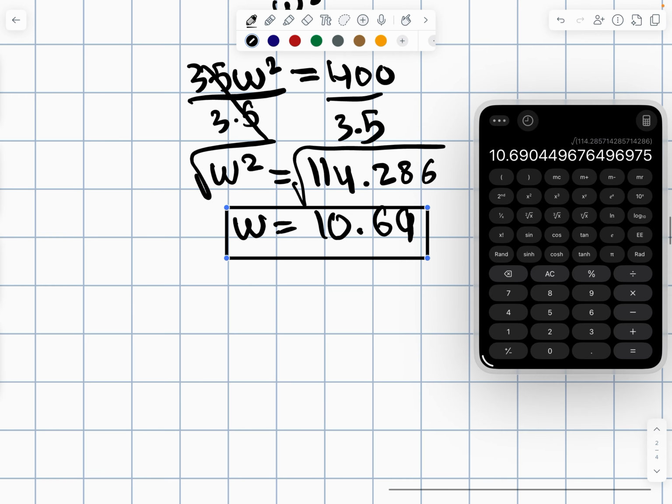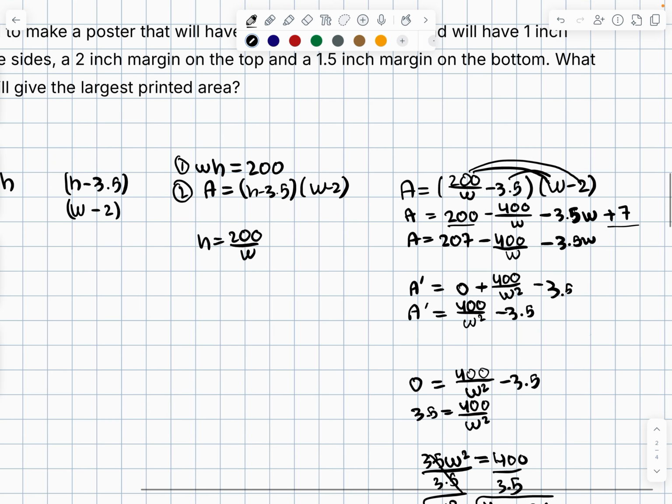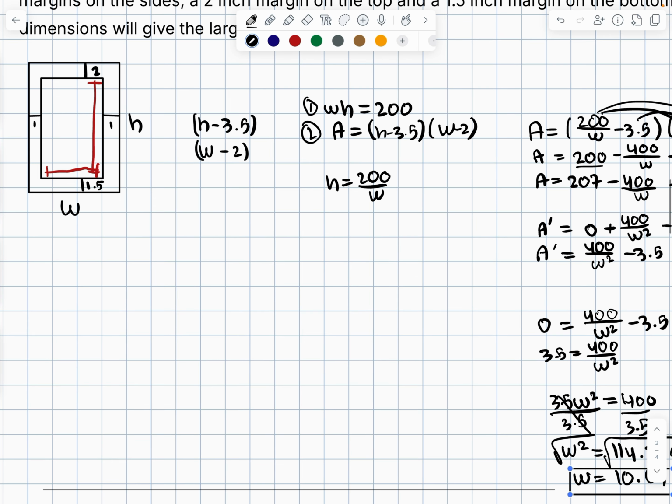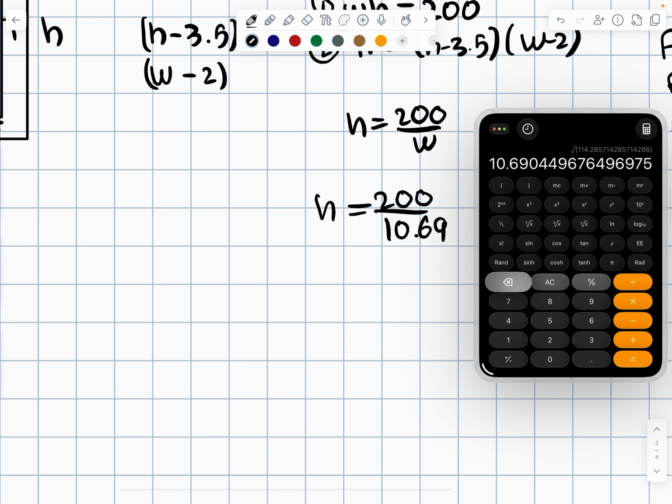Okay. Now we're going to solve for H. So we can just input that back into the easiest equation. So we're going to input that into equation 1 here. I'll make it easier since it's already isolated for H. So 200 divided by 10.69 is going to equal H, which is going to give us 18.71.